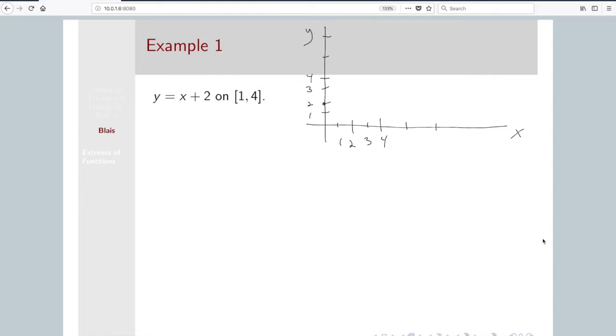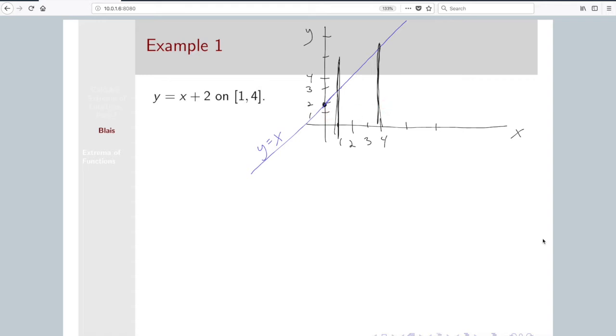So it has this y-intercept of 2. So we know this is what our function looks like. And we're concentrating on this function on the interval 1, 4. So we're concerned with our function on this interval here.